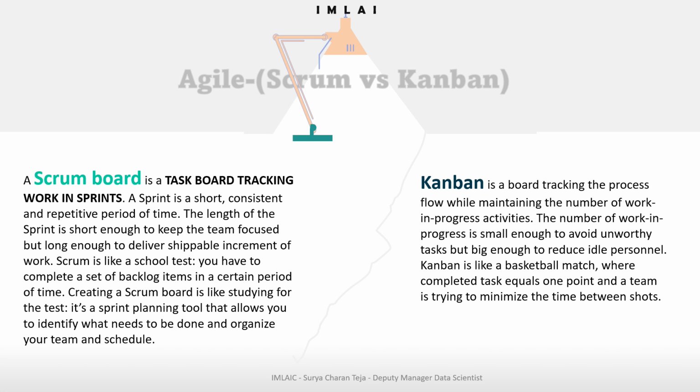But moreover, both have advantages, both have disadvantages. So that's why in IT our people are much too smarter. They club the advantages of both, and we are using Scrumban. That's the framework we are using. Basically, Kanban is also useful.